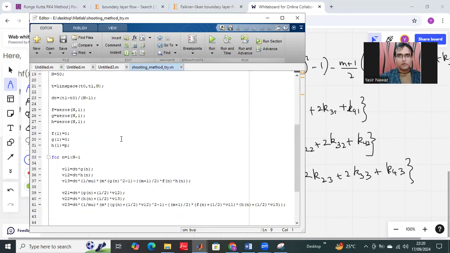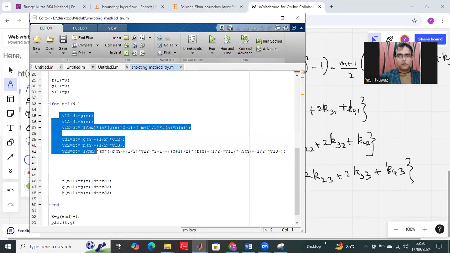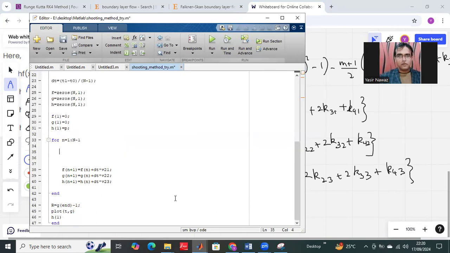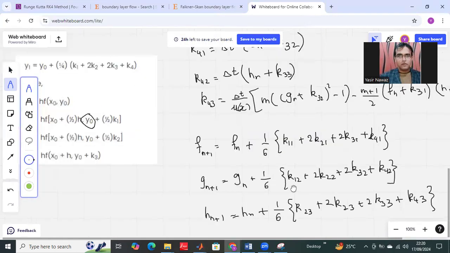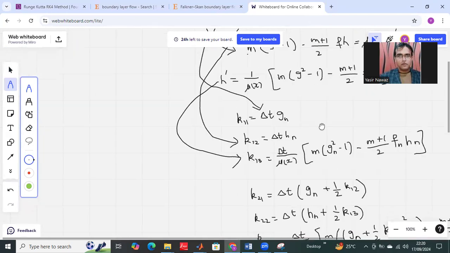And for the differential equation, I will use the Runge-Kutta 4 method. Runge-Kutta 2 is already applied. So now I will try to apply the Runge-Kutta 4. For doing that, I start from K11. I start from this K1.